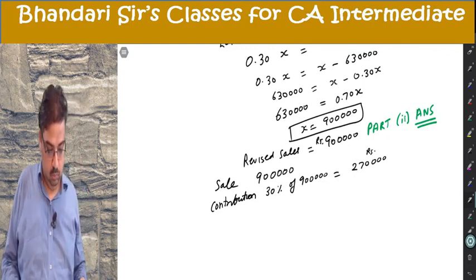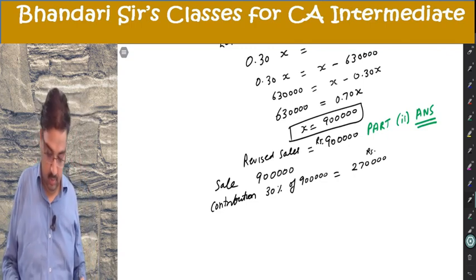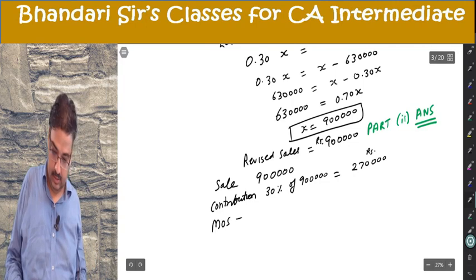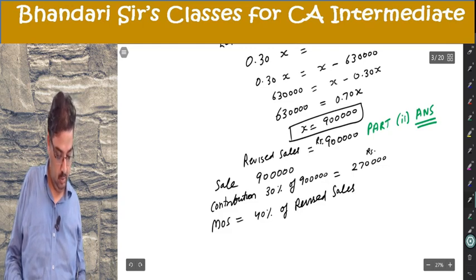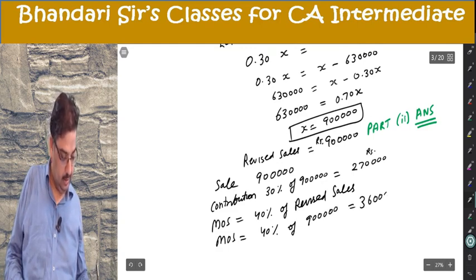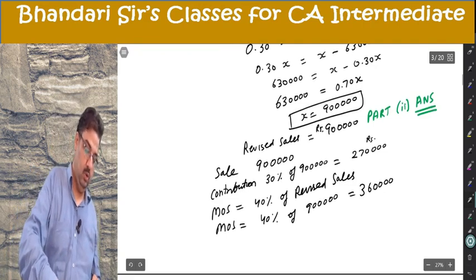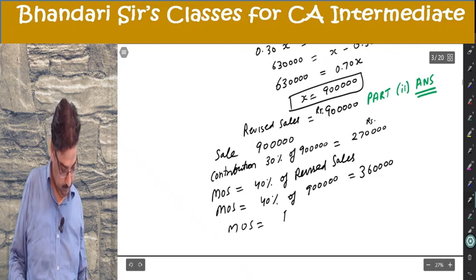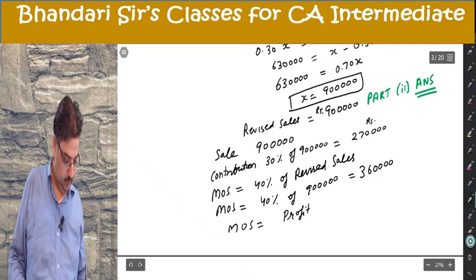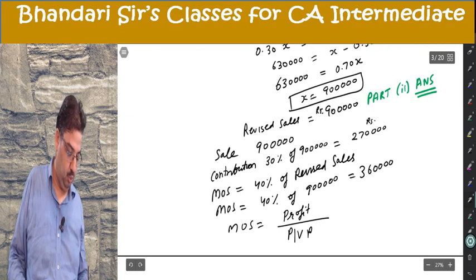Now, the question gives me MOS 40% of revised sales. MOS, 40% of 9 lakh, 3,60,000. You know MOS, one of the formulas, profit by PV ratio.